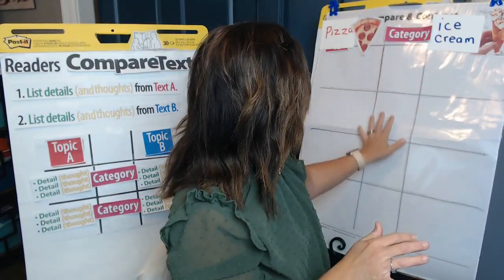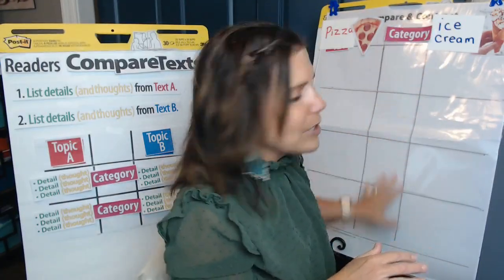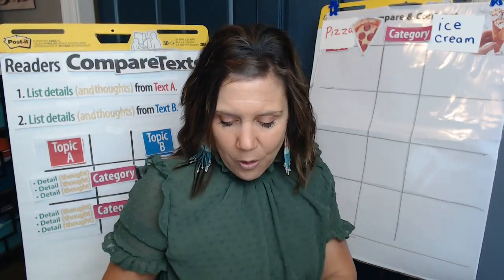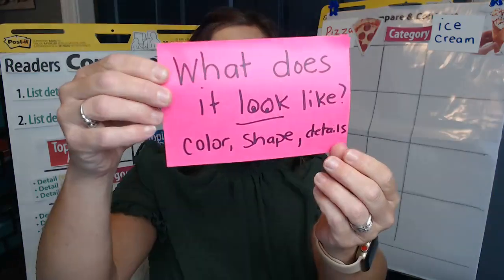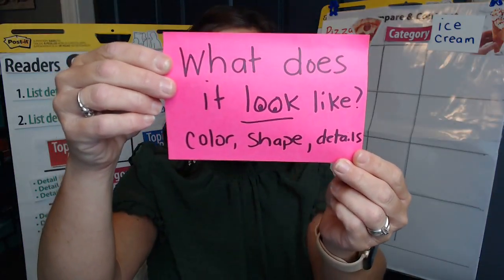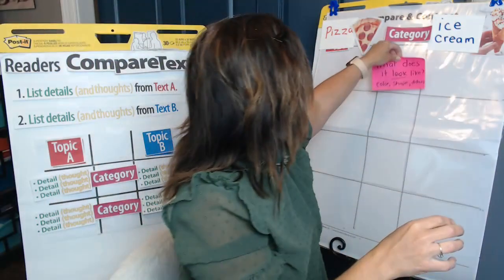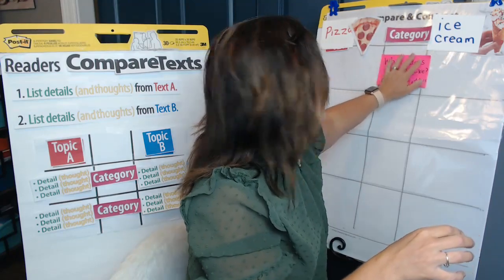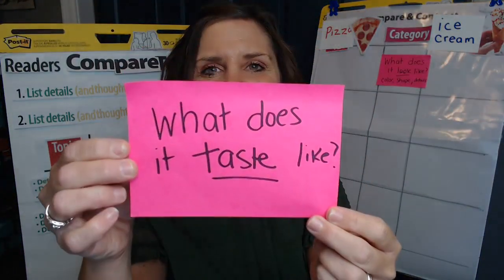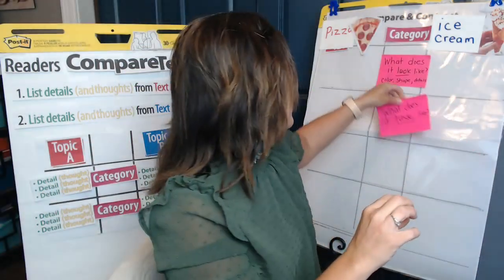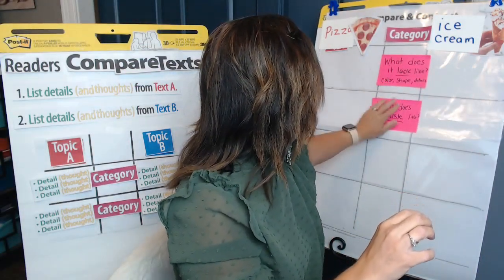Now, let's think about the categories that we're going to look at first, okay? We're going to look at what does it look like? The color, the shape, the details. And then we're going to look at what does it taste like? Is it sweet? Is it salty? Is it spicy?